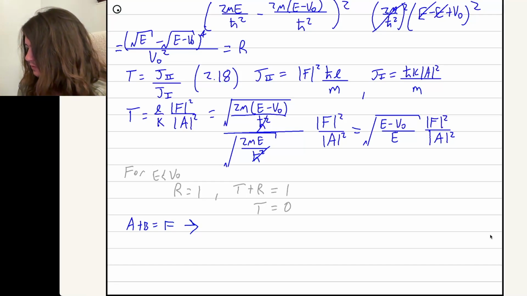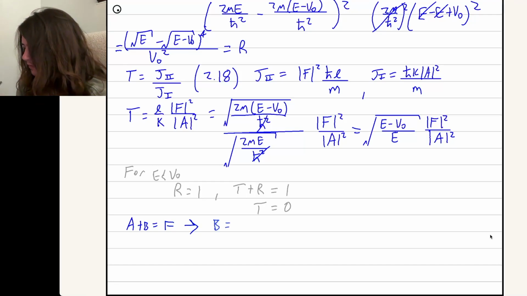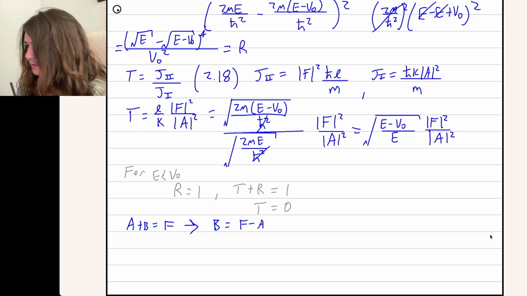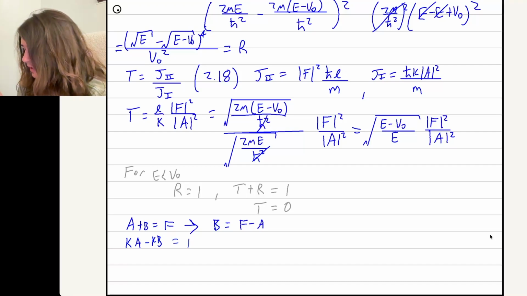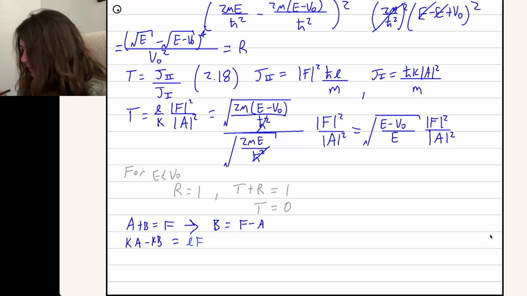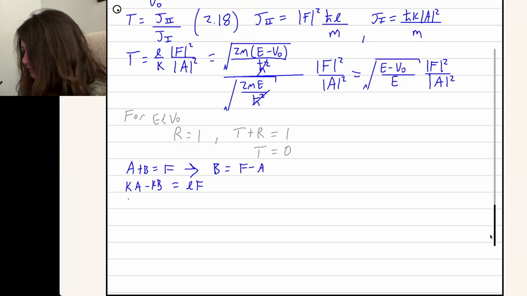Let's use this to solve for b instead now. So we have b equals f minus a. And then the other boundary condition that we had was Ka minus Kb equals LF, right? And then we can plug in what we just got for b now.